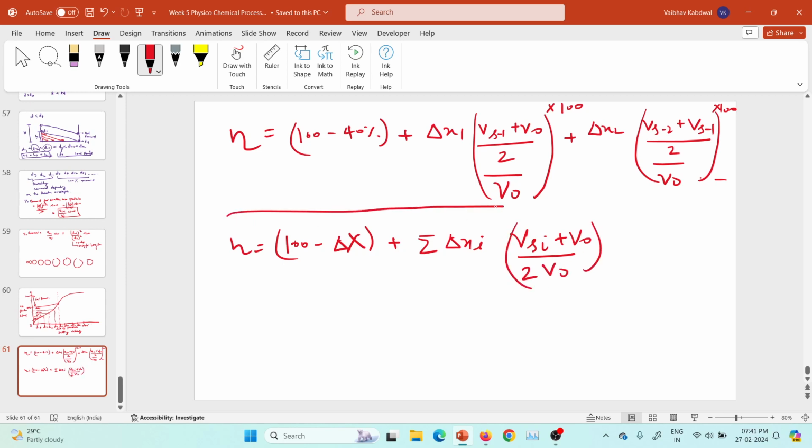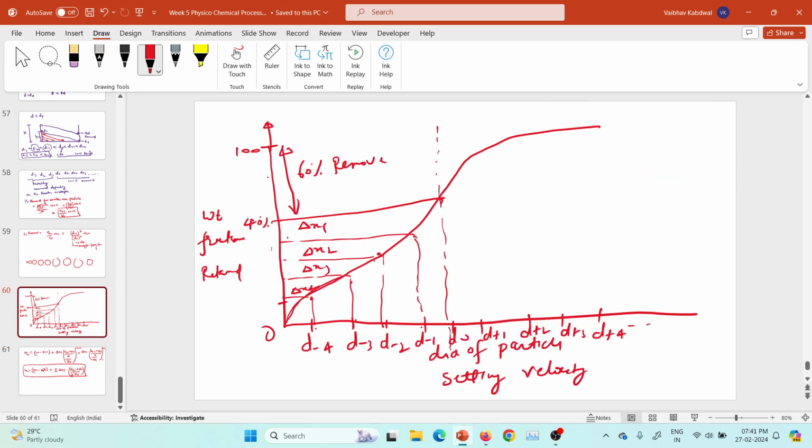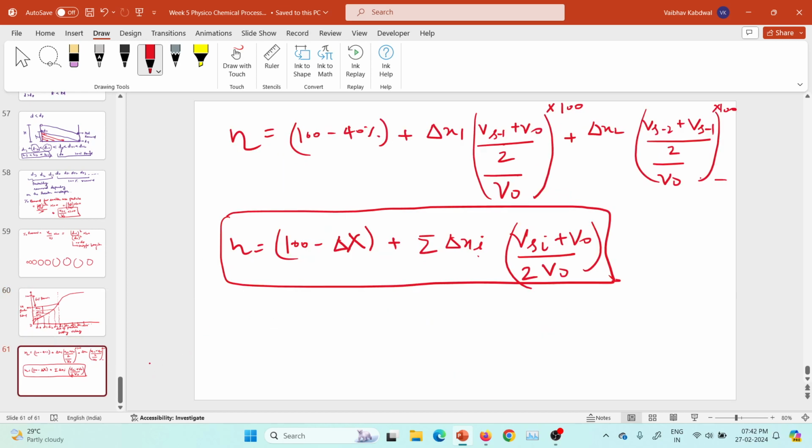So this is the efficiency of a sedimentation tank. This i denotes this value and this xi denotes these mass fractions, different mass fractions. So this is how we calculate the efficiency of a settling basin.